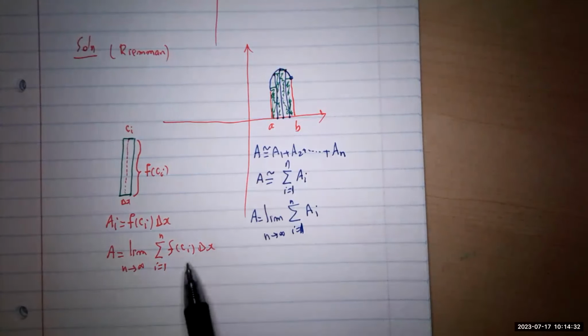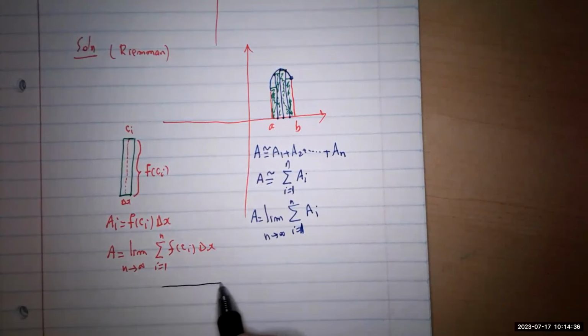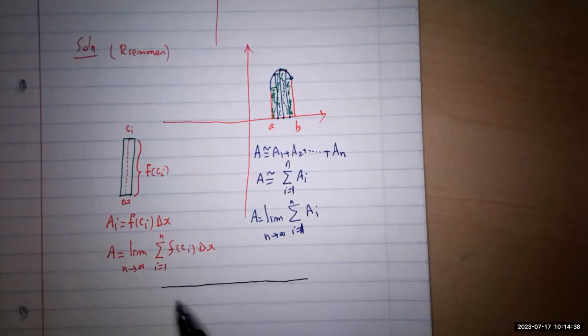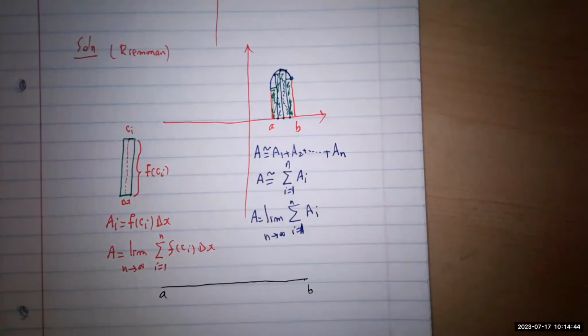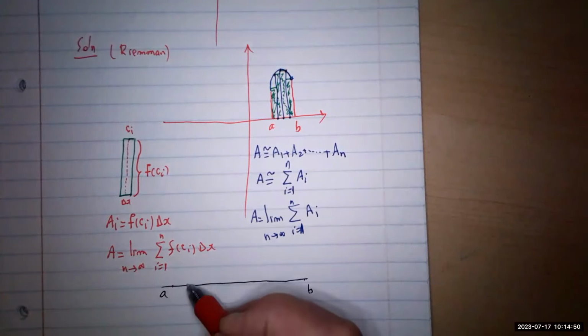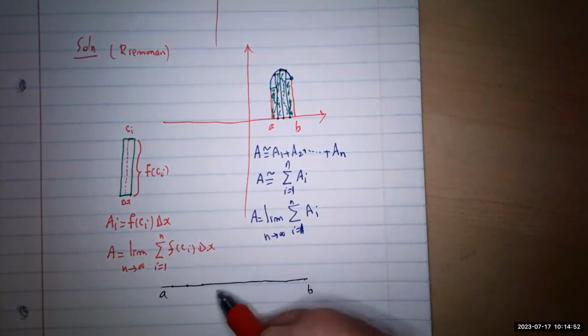You see this f of ci delta x. So look at the interval between a and b. This is a, this is b. What we did here is just divide it into equal parts.